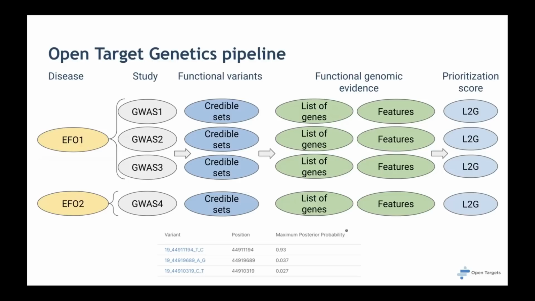These credible sets can be small, they can be large. If you are lucky enough, you can have a credible set with the size of 1, which basically means you have the exact, well, semi-exact answer that this exact variant is probably causal. Each credible set represents 1 causal variant. So if you have 10 credible sets from a GWAS, it simply means that you expect to have 10 causal variants. It's a simple representation, but it slightly contradicts whatever people used to present in effector gene lists, because usually people just represent the lead variant and say, okay, we have a lead variant and we have this gene.